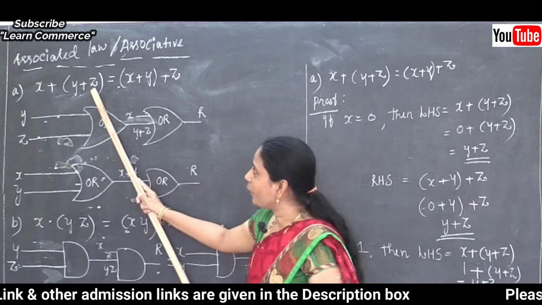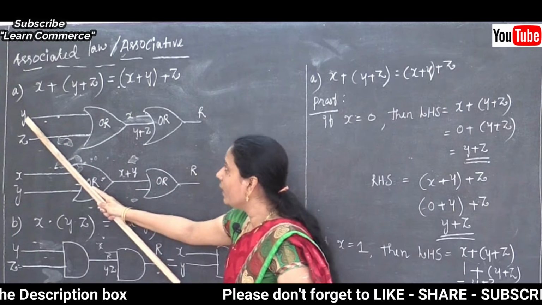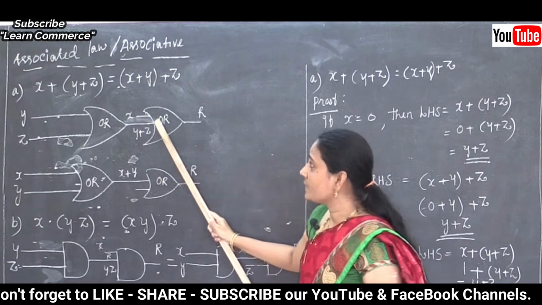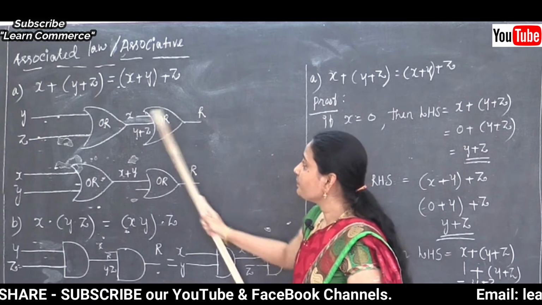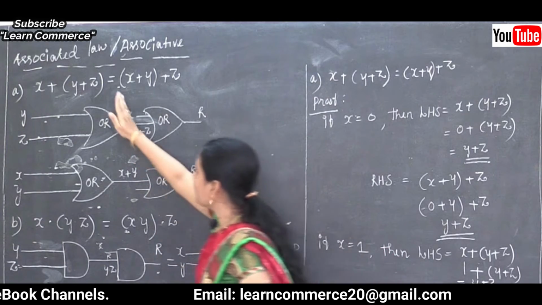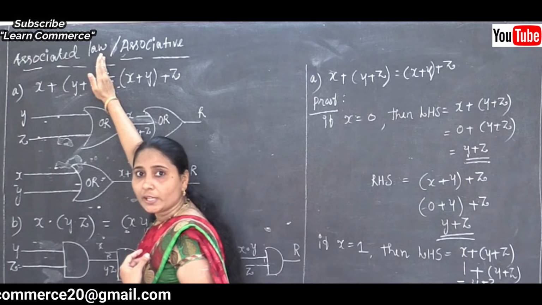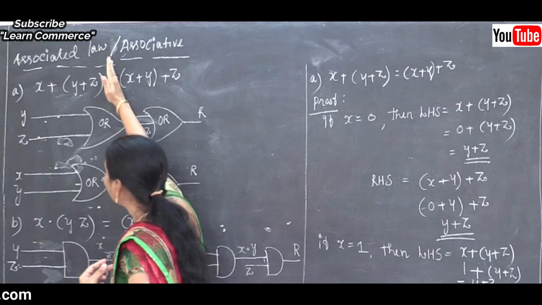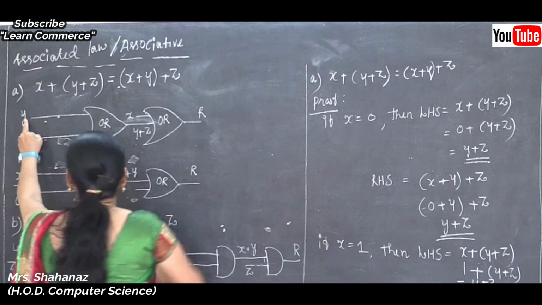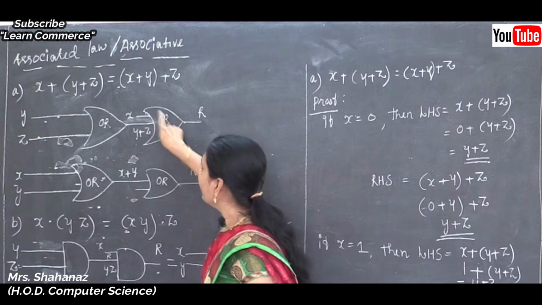So first I am going to take y plus z, that is y or z, plus x. Clear this point here? How I complete it? I am taking only the left hand side expression to complete the symbol. In the left hand side expression, the values are y or z or x.